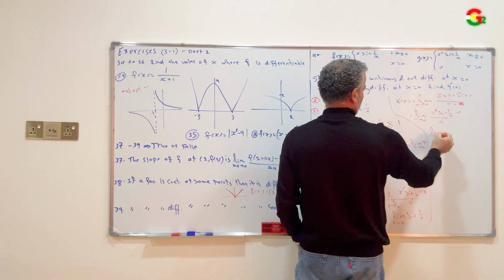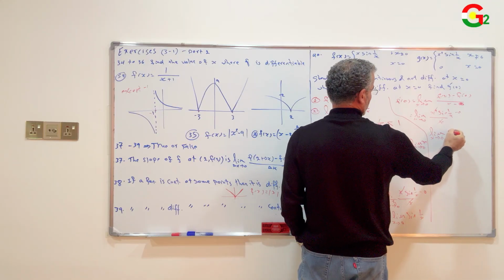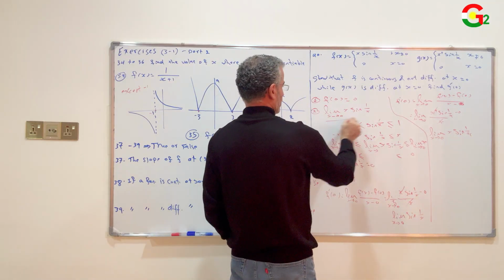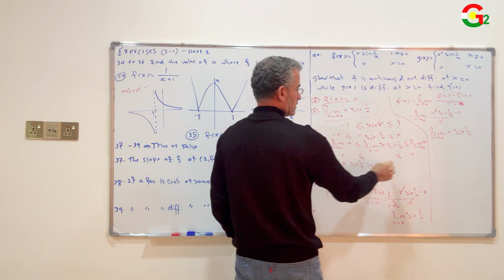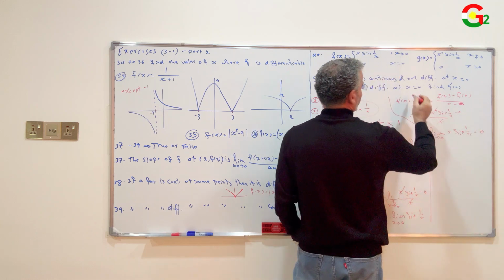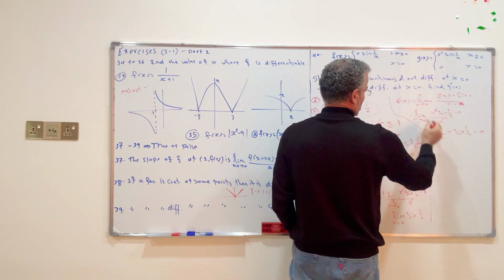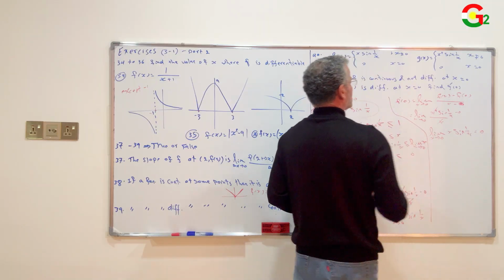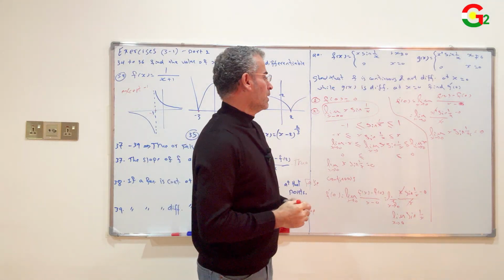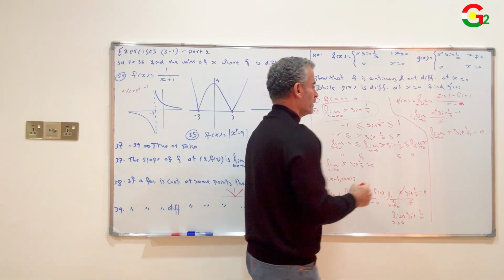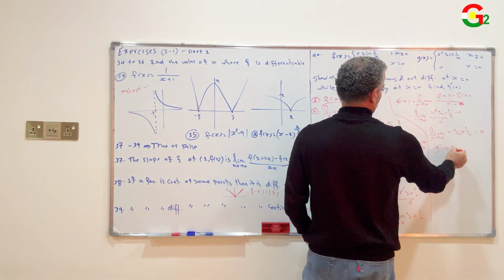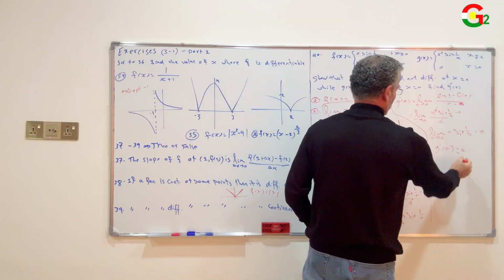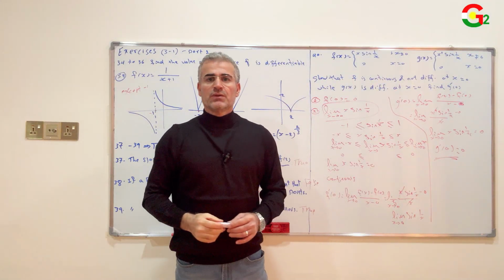Reducing x squared with x, the limit will be x sine 1 over x. This limit we found earlier is equal to 0, and therefore this function is differentiable, the limit exists, so it is continuous and differentiable, and g prime of 0 equals 0. See you next lesson.